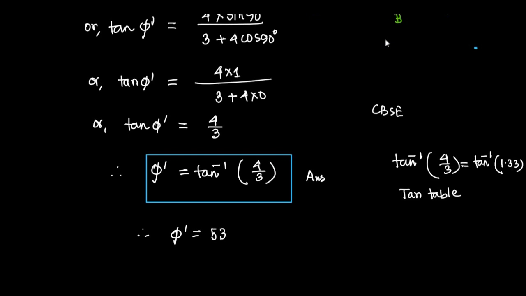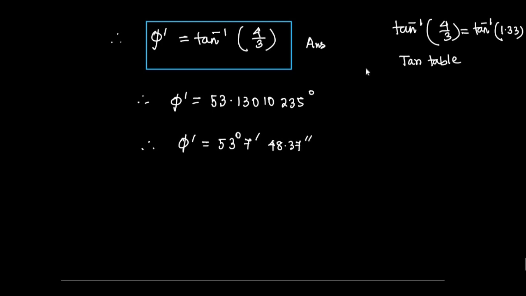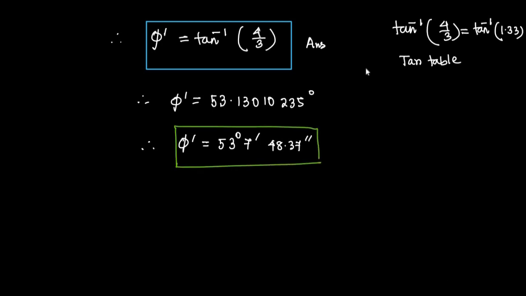Therefore, phi dash will be equal to 53.13010235 degree. Therefore, phi dash will be 53 degree 7 minutes 48.37 seconds.